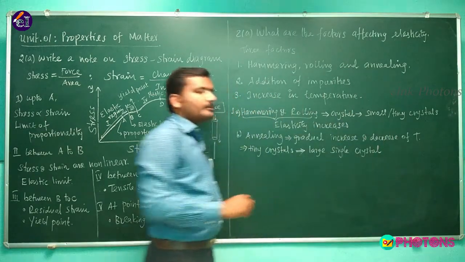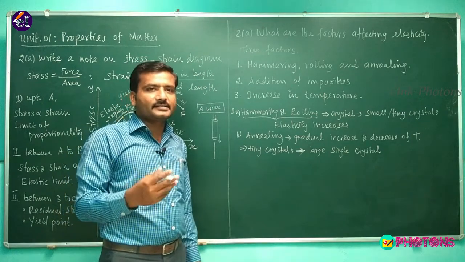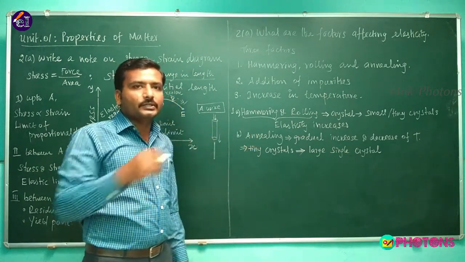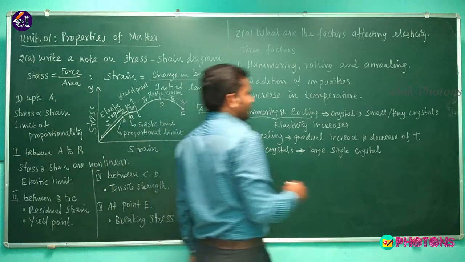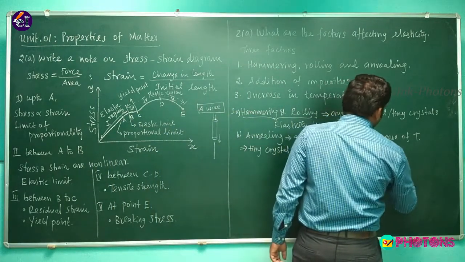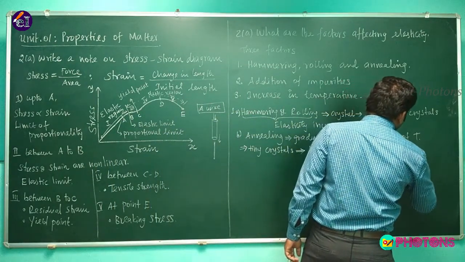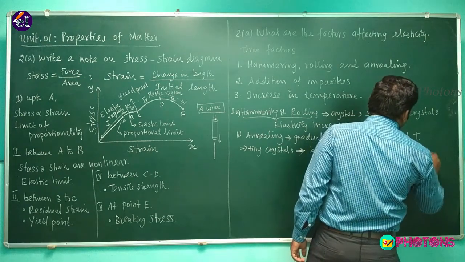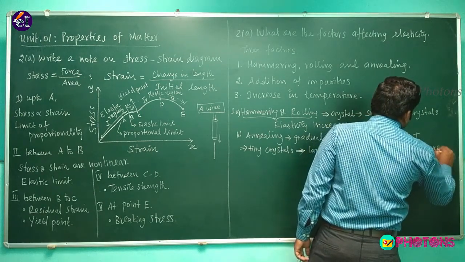This happens by the orientation of crystals in unison, in one direction. In that case, elasticity decreases.